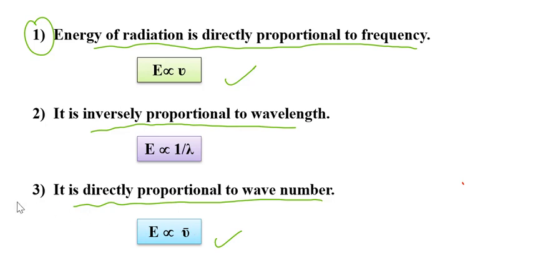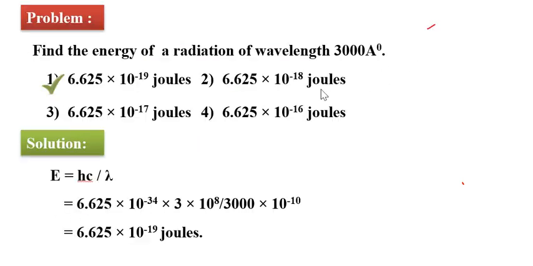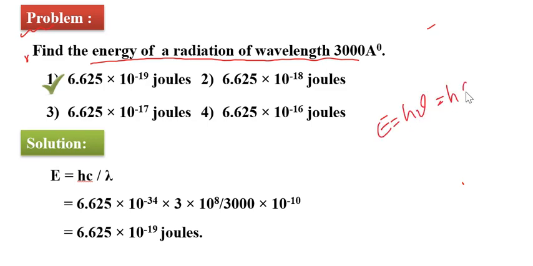Now some problems we will discuss. See here one problem. Find the energy of radiation of wavelength 300 angstrom. So we have to find the energy. So E equals h nu or h c by lambda. Lambda and c we already know, given in the question.